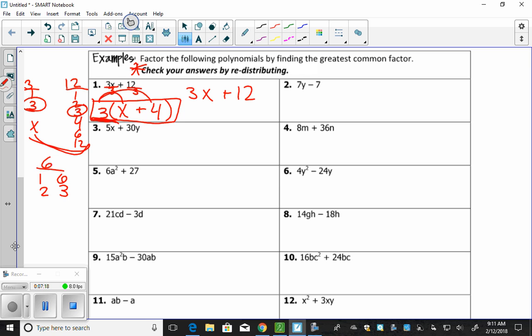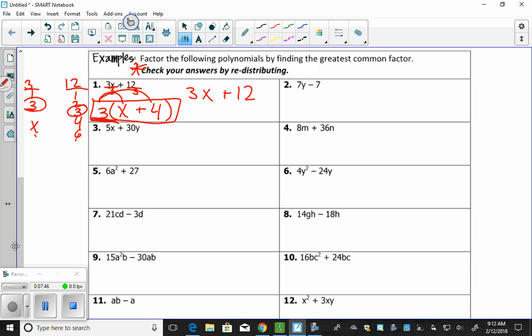Is there another one? I already said 1. Nope. So what I did was I just wrote them like this instead of side by side. So I can list them and see what's the biggest one they have in common. Does that make sense? So I just kind of rewrote it a different way.